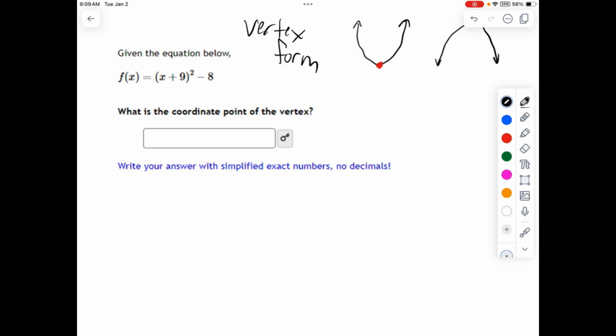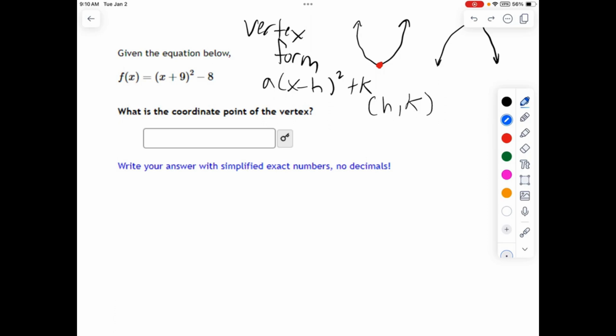The vertex, right? Vertex form is written as a(x minus h) squared plus k, and a vertex is written as (h, k). The reason we use the letters h and k when writing the vertex is because they come from vertex form.